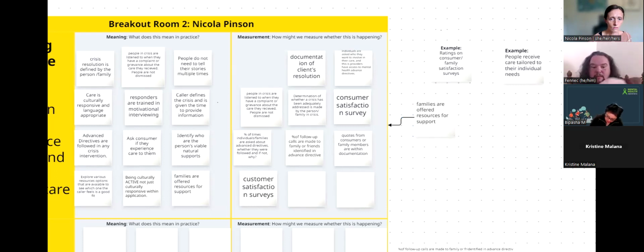Nicola, feel free to let me know anything that needs to be moved over. I can quickly move it over for you. Oh, that would be great. Can you please move over the families are offered resources and support?